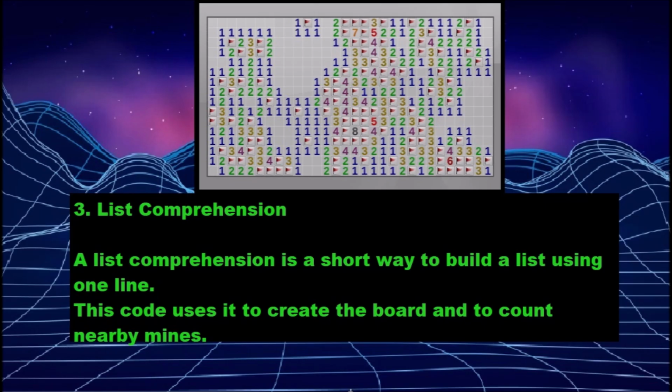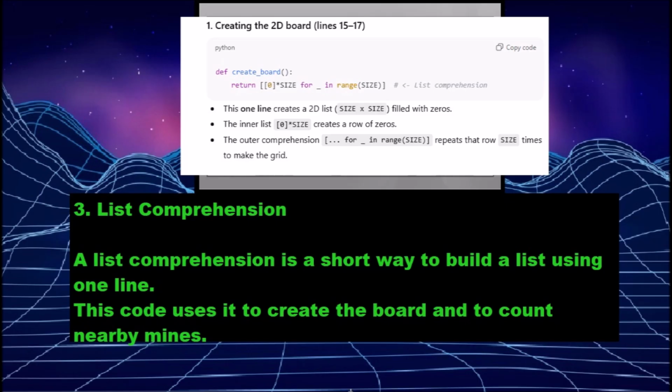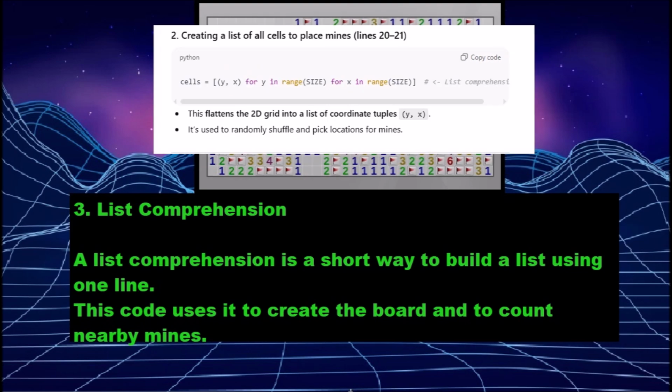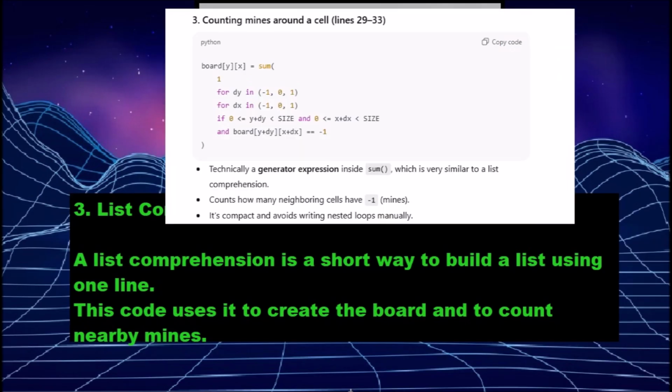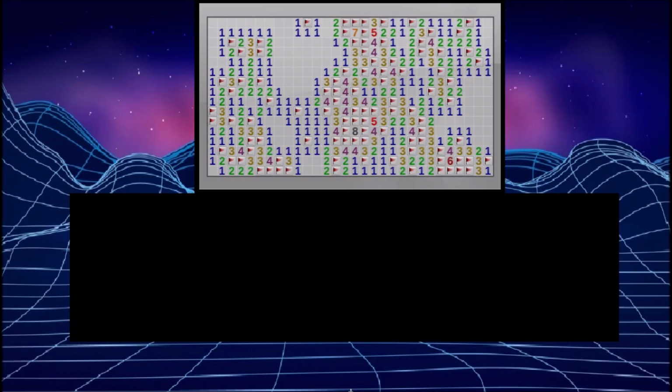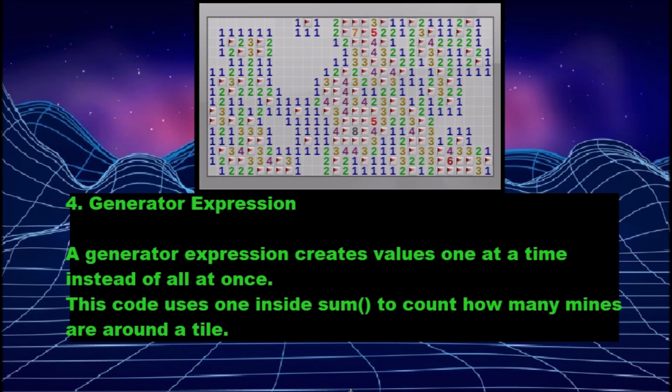Number 3. List comprehension. A list comprehension is a short way to build a list using one line. This code uses it to create the board and to count nearby mines. Number 4.